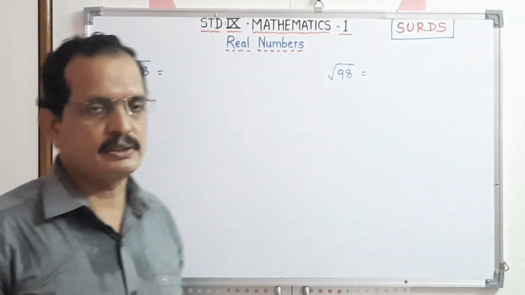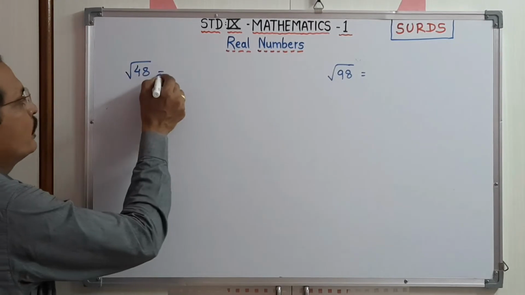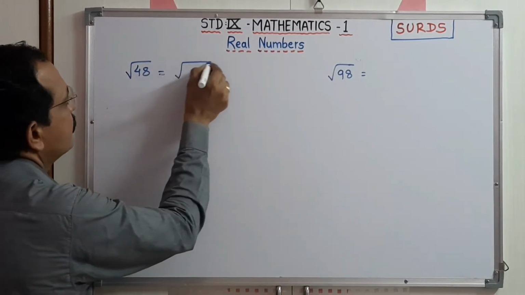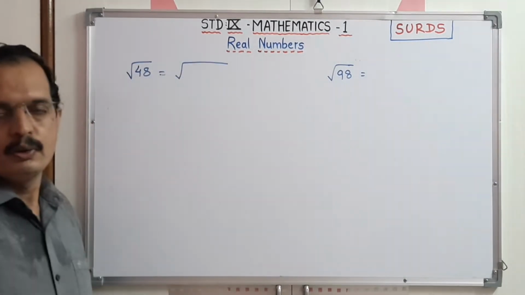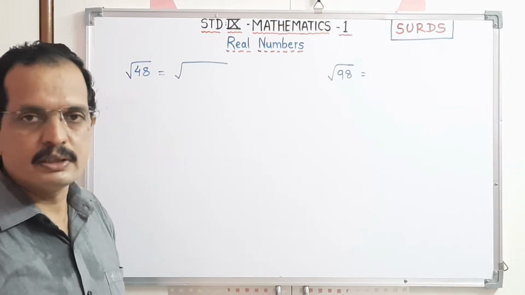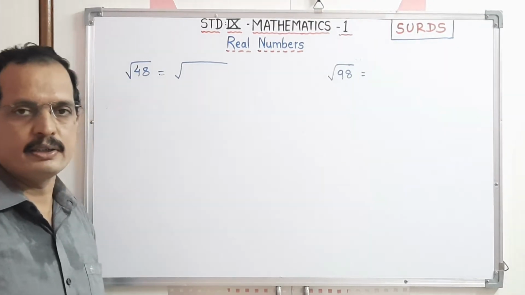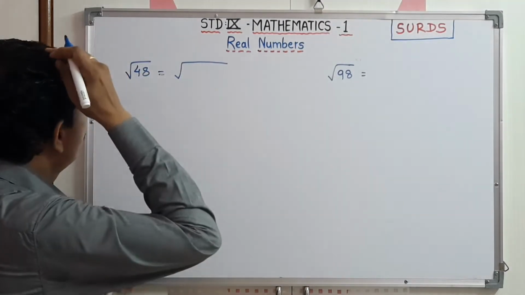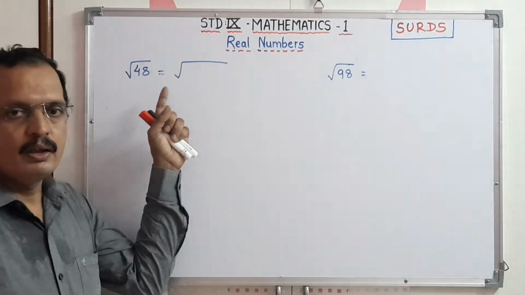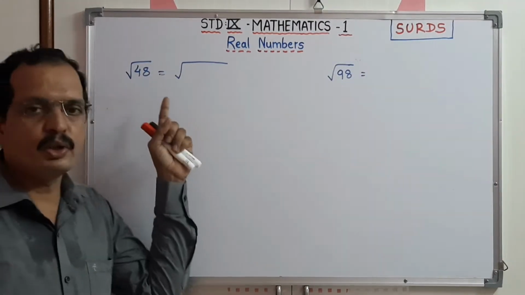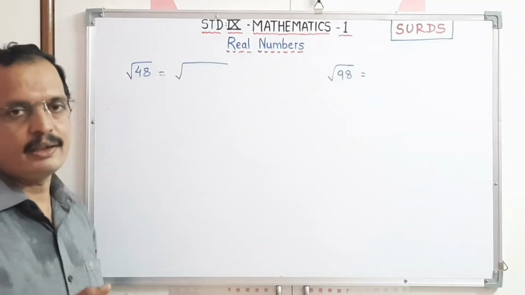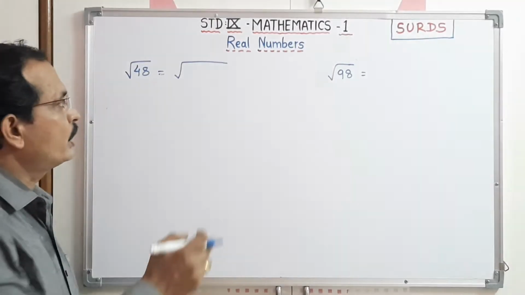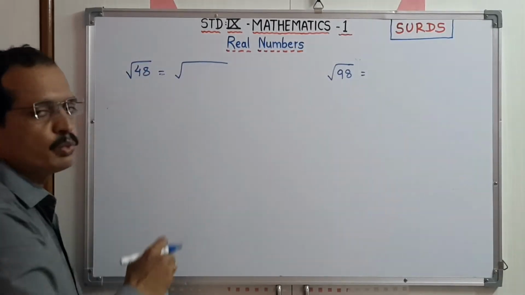Now we have to simplify this, or we have to write the simple form of the surds. For that purpose, we have to factorize the radicand. All of you know that this year we have to learn the quadratic surds. That means order of the surd is 2. Now we have to factorize this 48. For factorization, we have to find out the factors of this 48.